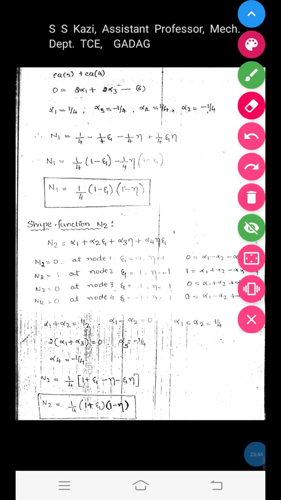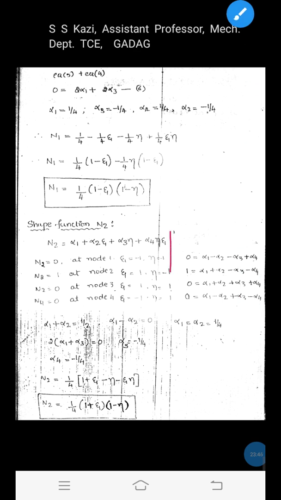These 4 equations, if we solve, then we will get alpha 1, alpha 2, alpha 3 and alpha 4. Here we got alpha 1 and alpha 2 are plus 1 by 4, alpha 3 is minus 1 by 4, alpha 4 is minus 1 by 4.